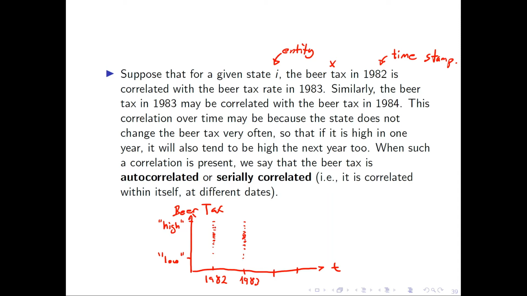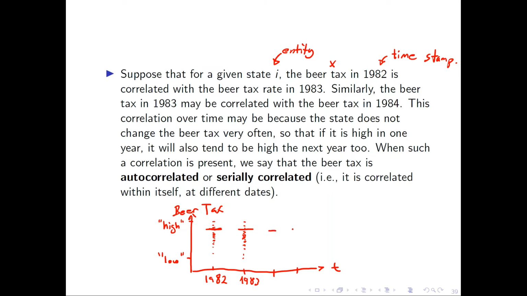Maybe here the beer tax in 1982 is quite high, and the probability of this beer tax to be high in the next period as well is quite high in itself.